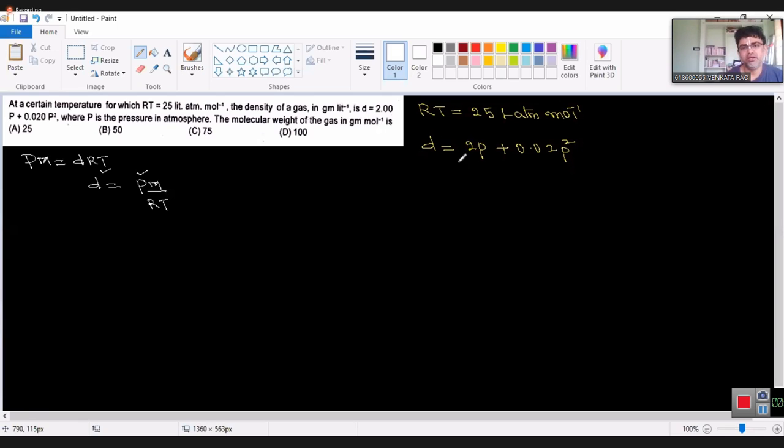But in the given equation, it is not so. This implies the gas is definitely real. From this, can I take P common? D by P is equal to 2 plus 0.02 P.